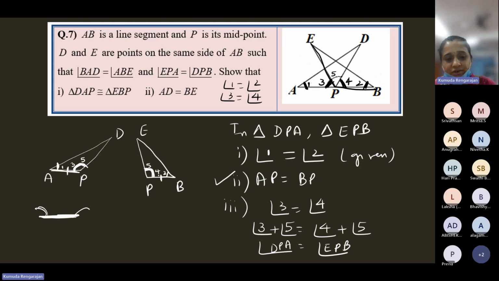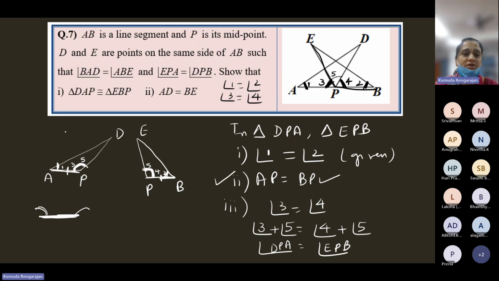The same thing in the next figure. We have mentioned about BP, and the angles on BP are this angle and angle 2. So by the ASA, two angles and the included side, congruence rule, the two triangles are congruent to each other.